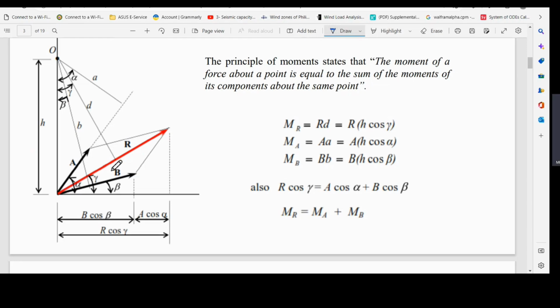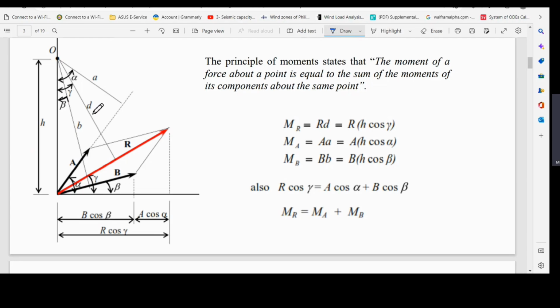For example, this one, our resultant R, the red one. The distance perpendicular to our moment center, which is point O, is the distance D. This is the force R, and the distance that is perpendicular from the line of action of force R to the moment center is this distance D.